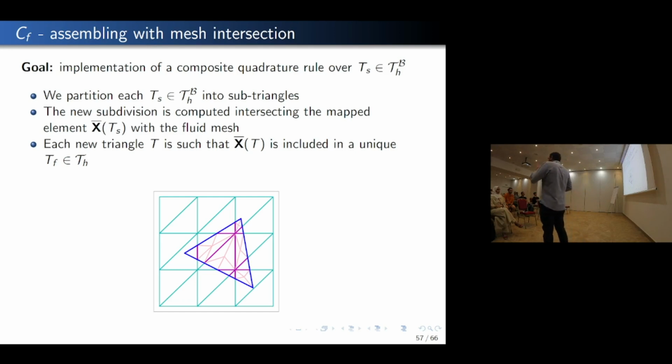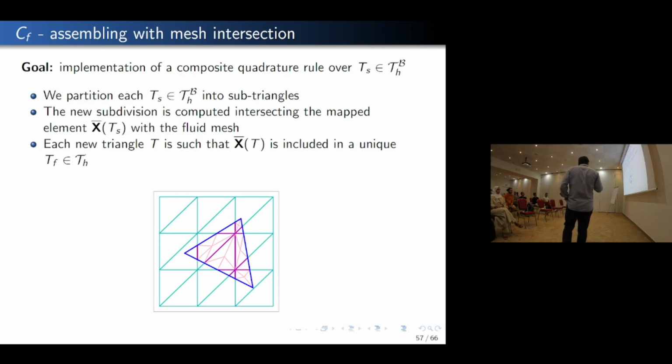We can use two techniques to integrate this geometry. The first one is the assembling with mesh intersection. This means that we want to implement a composite quadrature rule over the solid element T_S under consideration. We have to partition each T_S into subtriangles, and this new subdivision is computed by intersecting the mapped element X bar of T_S with the fluid mesh.